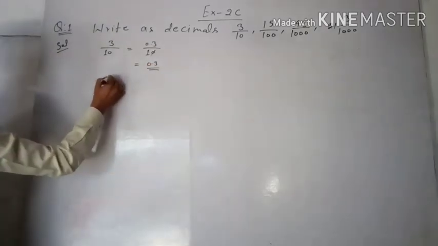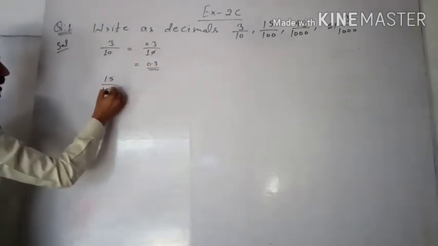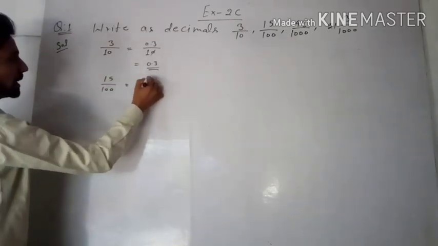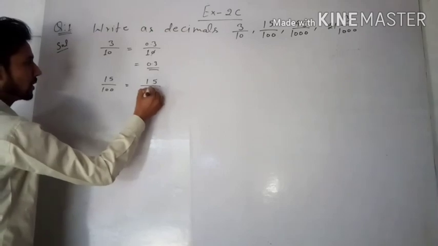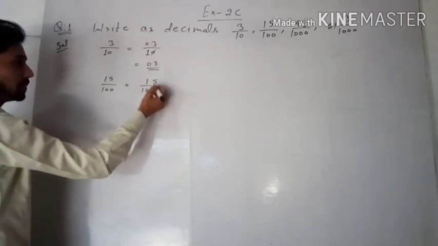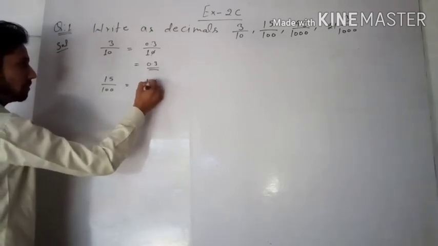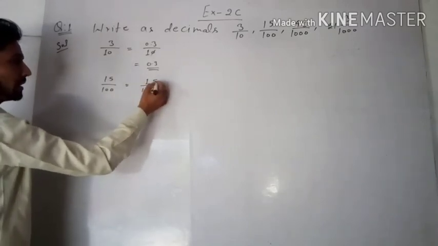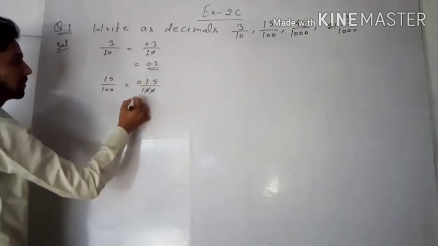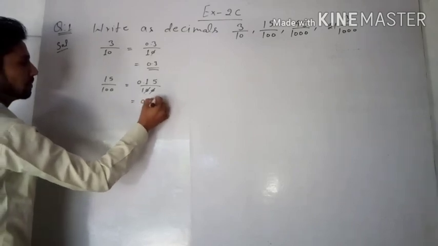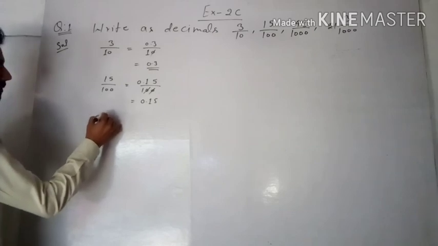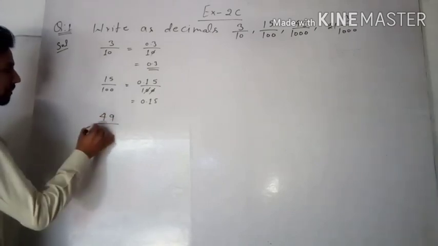Second, 15 upon 100. So two zeros are there. So we will put the decimal after two places. Third, 49 upon 1000.